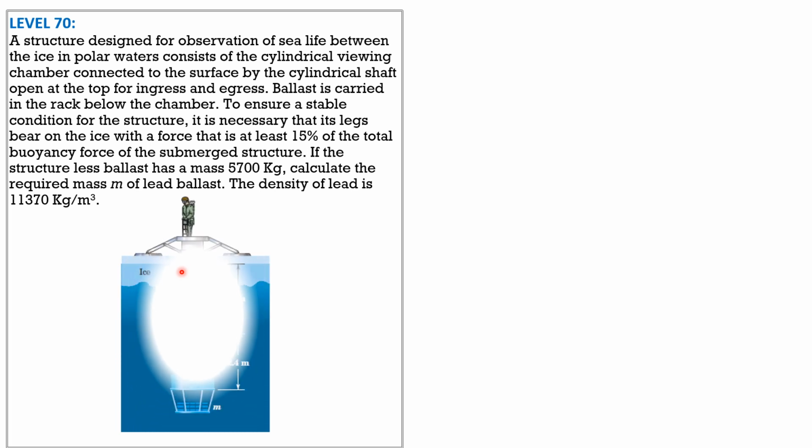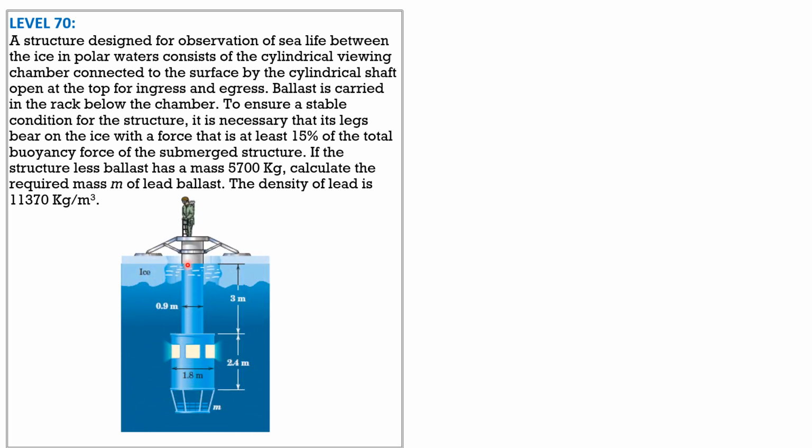So here is the given figure, and this is the submerged part. So the weight, which is the mass of the lead ballast plus the mass of the structure, quantity times g, equals the buoyant force, which is the specific weight of ocean water times volume.